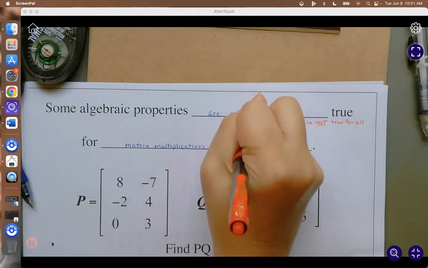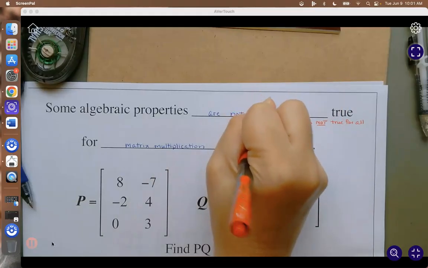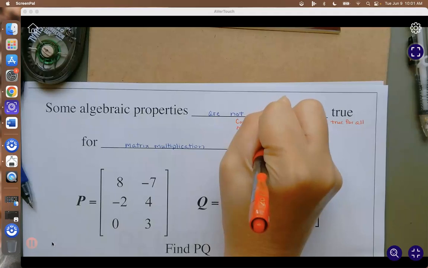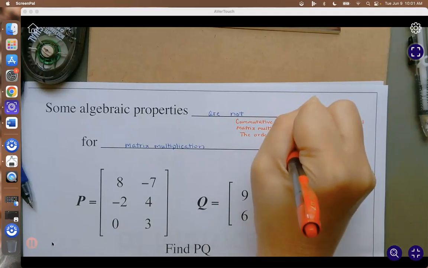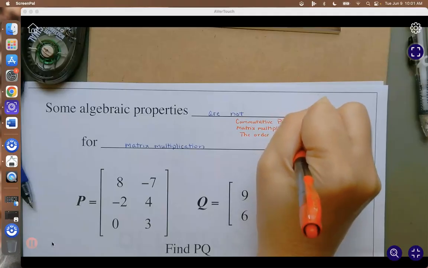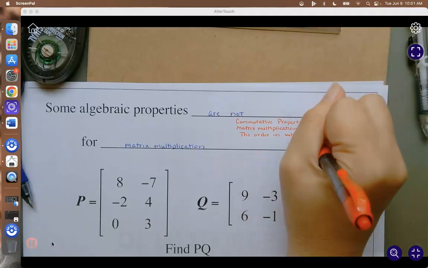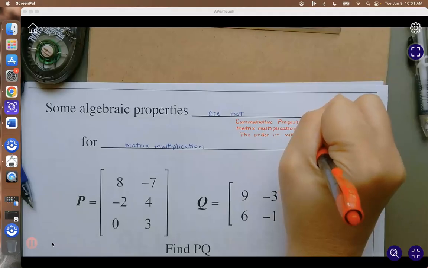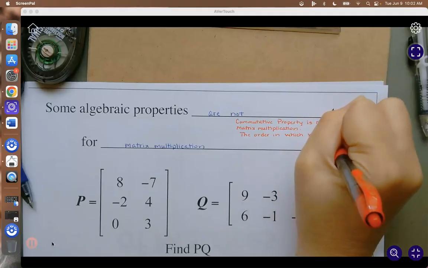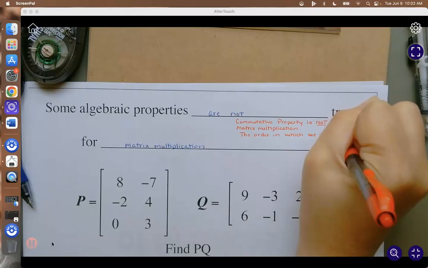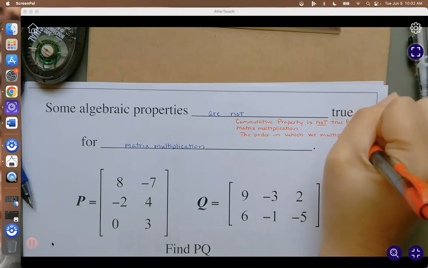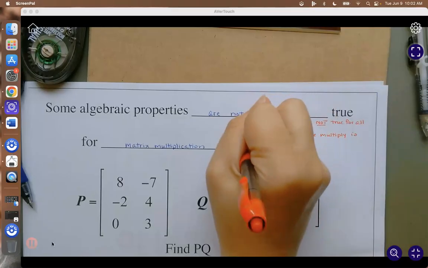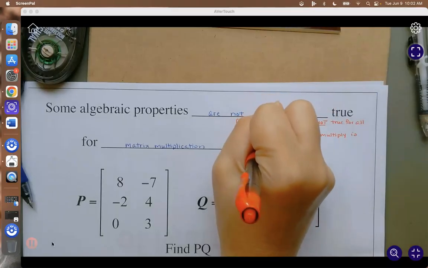Okay, so the order in which we multiply is very important.